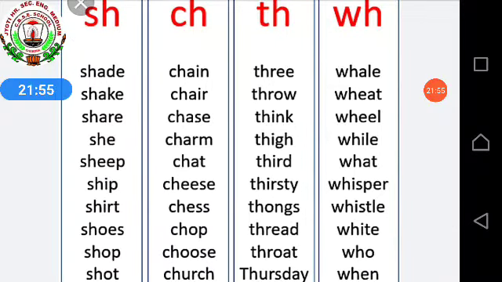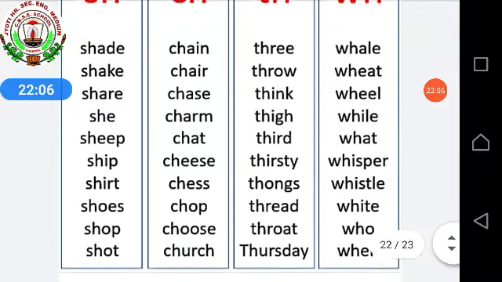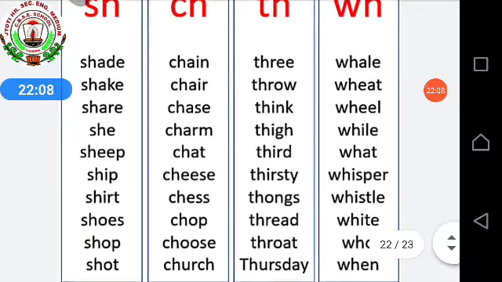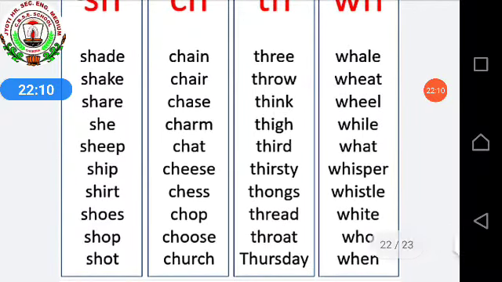With SH, the consonant digraph words are shade, shape, share, she, sheep, ship, shirt, shoes, shop, short. With CH: chain, chair, chase, charm, chart, cheese, chess, chop, choose, church.